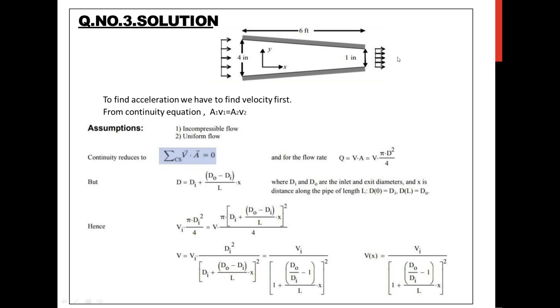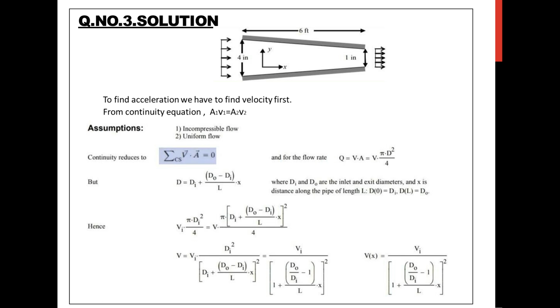L is the total length, x is the distance from inlet to a diameter d, d naught is the exit diameter, and di is the inlet diameter.